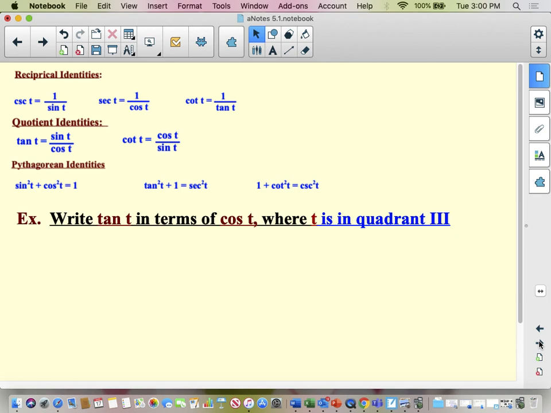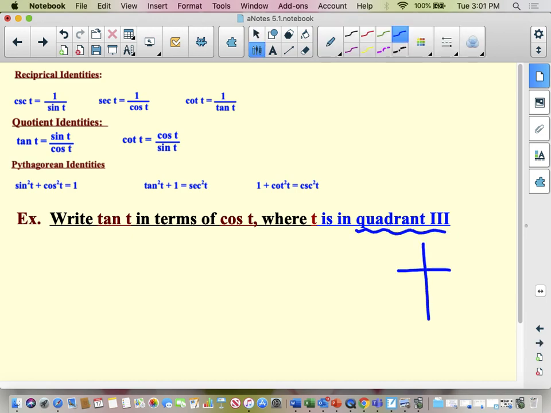Okay, so you're going to be asked to write tangent in terms of cosine of t, and t, the angle, needs to be in quadrant 3. So remember how I said this means something, it's a big deal. Okay, so quadrant 3, obviously over here, where cosine is going to be negative, as will sine be. Okay, so just keep that in mind as we do our work. So tangent in terms of means your expression can only have cosines.